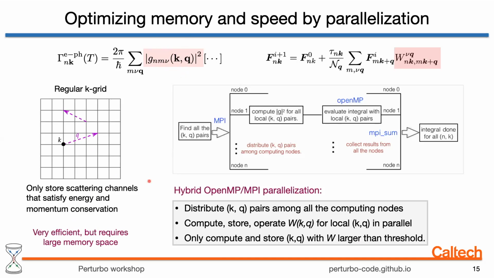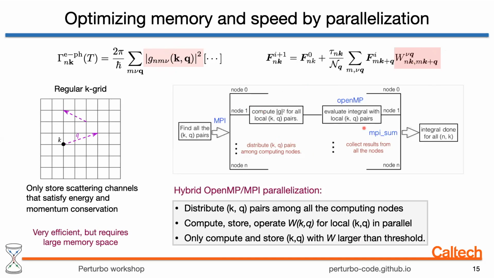And so this is where we use parallelization as well. The first thing we do is use MPI parallelization. In this way, we take each of these scattering events, i.e. the KQ pairs, and we place them over different nodes in our cluster. So each node has a separate set of KQ pairs. Each of them calculates the scattering matrix elements, G, as well as this W in case you're using the iterative approach.